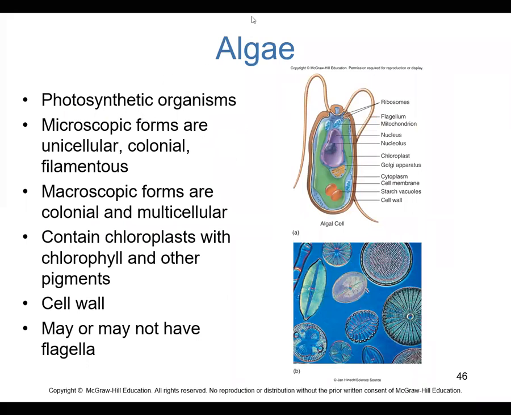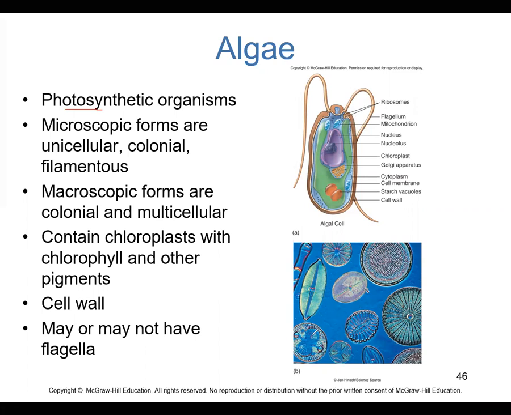Again, algae are photosynthetic. They can move around. Like this here is an example of a Chlamydomonas, and you can see that it has two flagella, but it does have the chloroplasts in there. This is a single-celled organism. Some of them can be multicellular or colonial. This example down here is diatoms, and this is that silicon dioxide shell that they make.